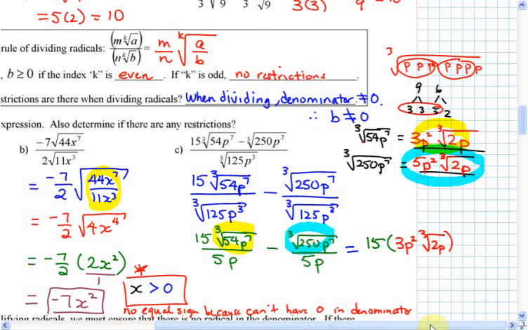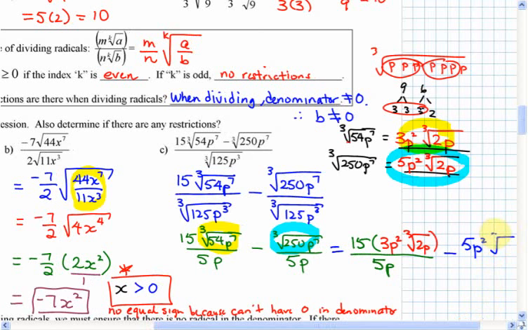And this is all over 5p, by the way. And then also with the next term, instead of the cube root of 250p to the 7, we've got 5p squared, the cube root of 2p, all over 5p. And I know this looks ugly, but I'm hoping that you can see that some things now start to simplify. They simplify so much that your denominator, I think, disappears.